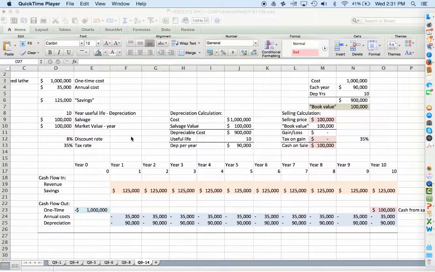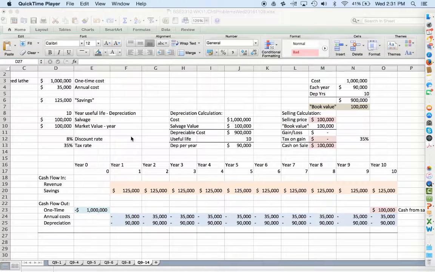Okay, great. So the next thing that we're going to do to finalize our analysis is to calculate the overall cash flow for each year for the project. In order to do that, I'm going to make a couple of modifications to my spreadsheet.